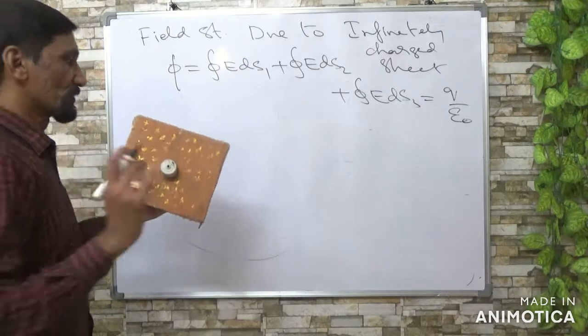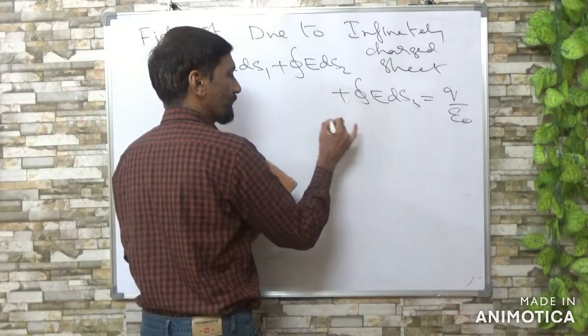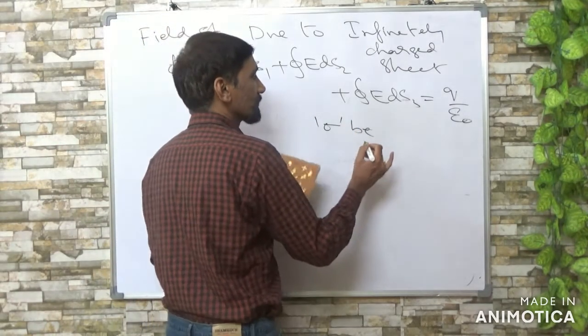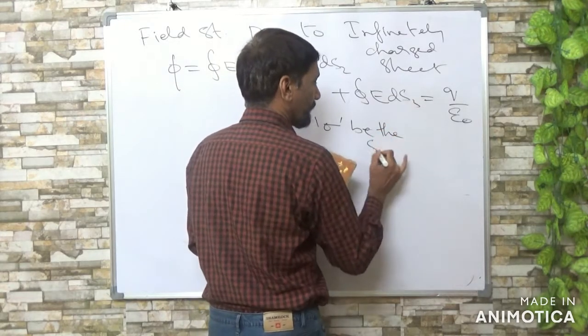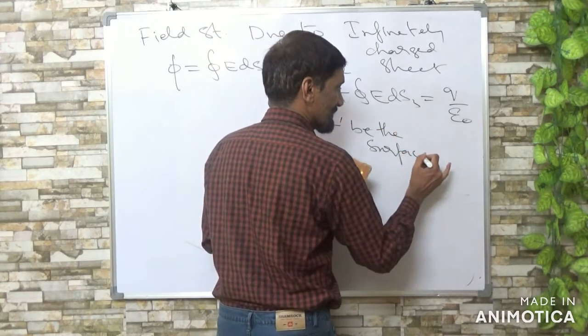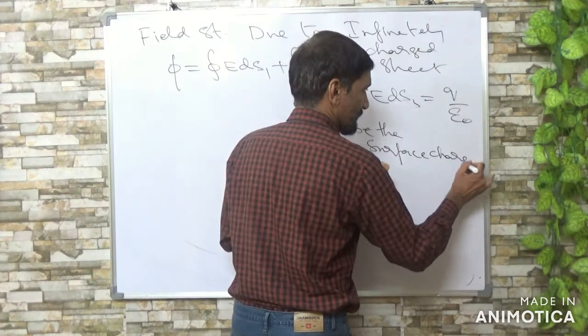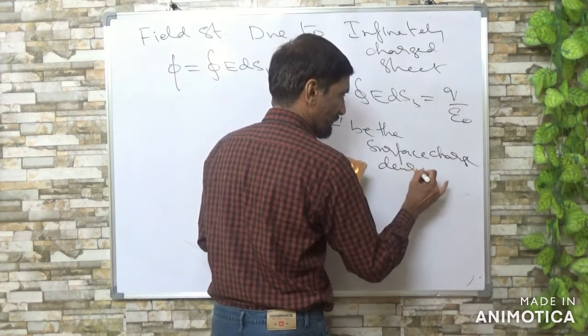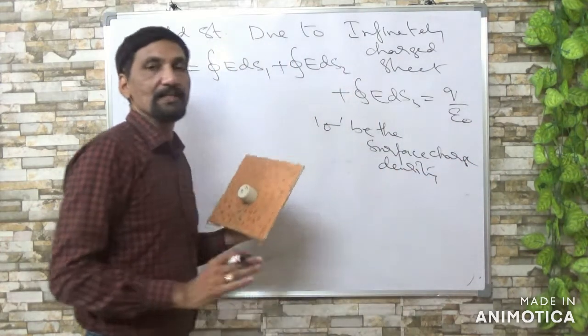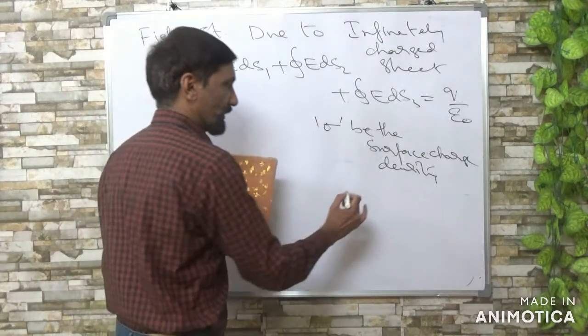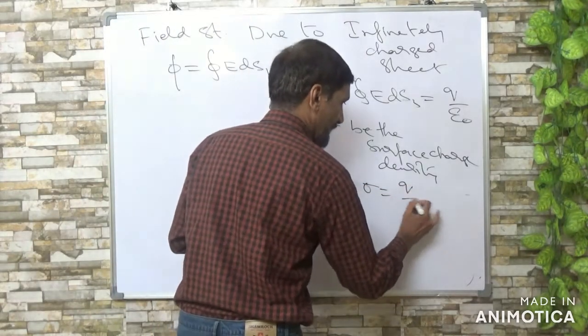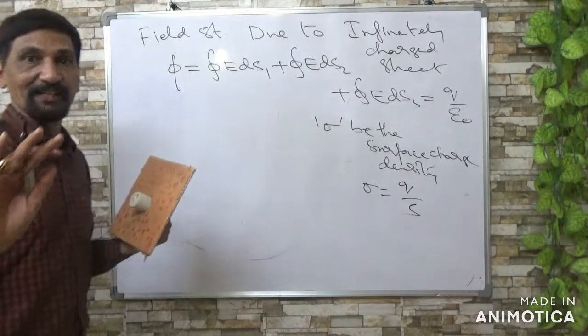Let us consider sigma to be the surface charge density. So what is sigma? Surface charge density means charge per unit surface area.